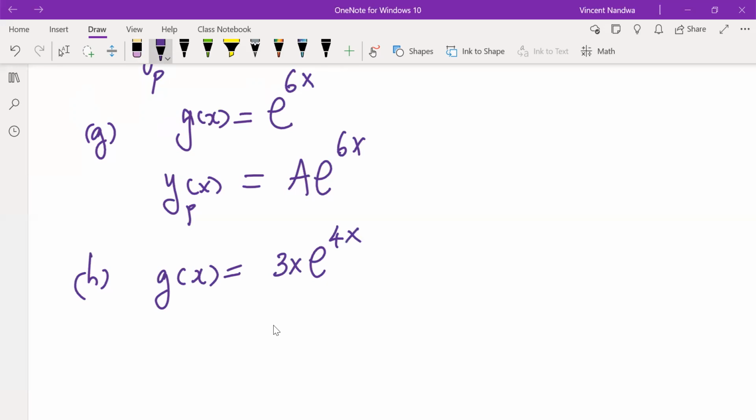Now here is an interesting one. It's a product of a polynomial and an exponential. And this polynomial is linear because the highest power of x is 1. So then yp will be the general form of a linear, then multiplied by e raised power 4x.